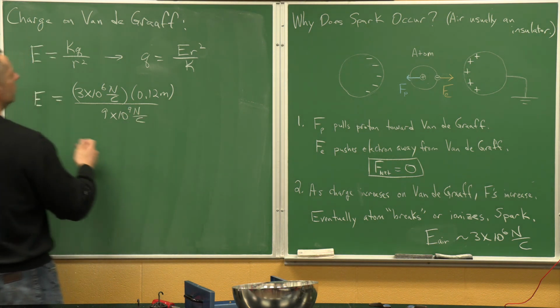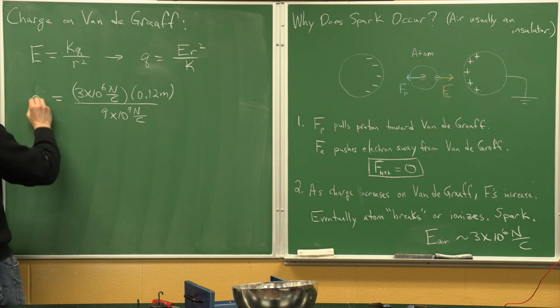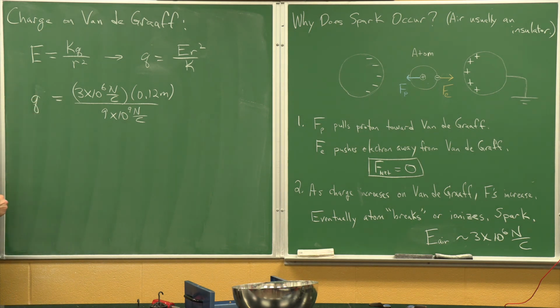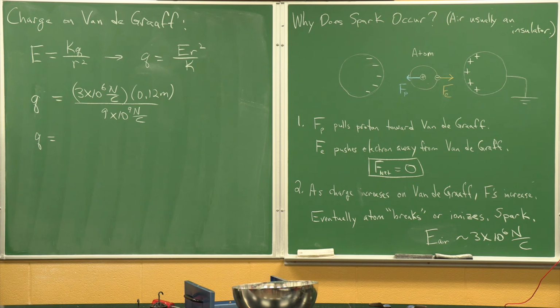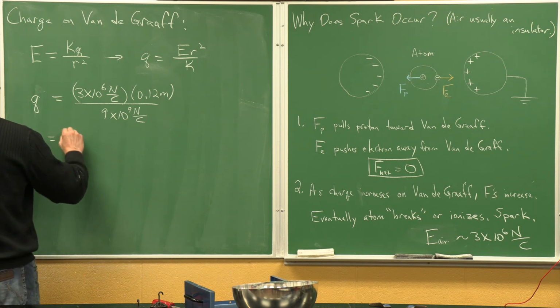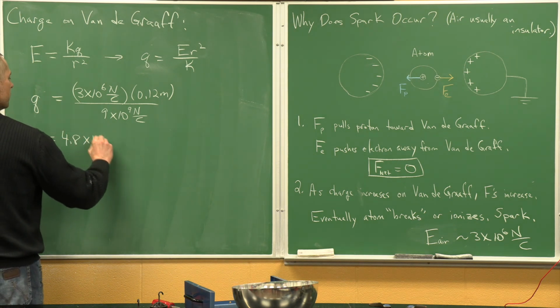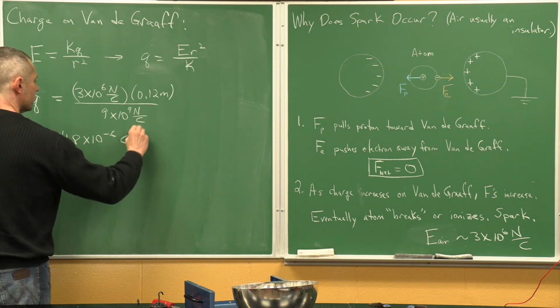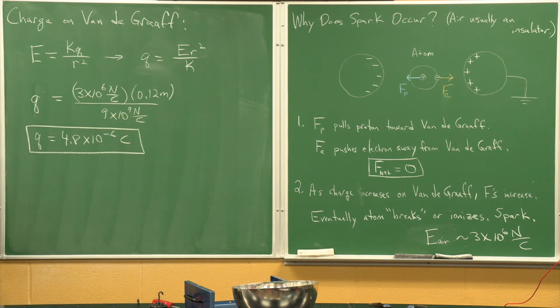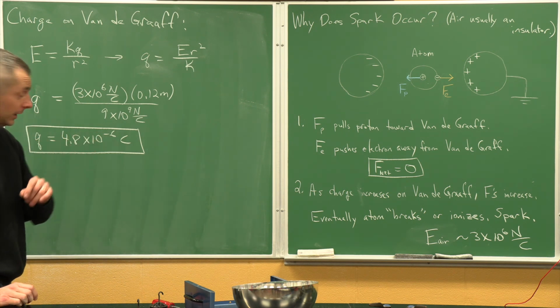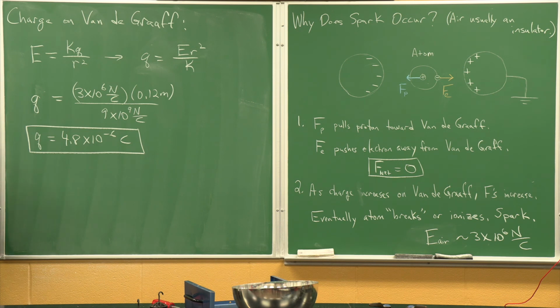And what I get, oh, another mistake. Q. I apologize for that. If I punch that in the calculator, I get Q equal to 4.8 times 10 to the minus 6 coulombs. When the charge reaches this, and it's negative because the Van de Graaff's building up electrons, boom, spark.